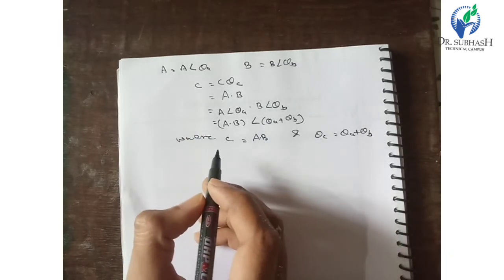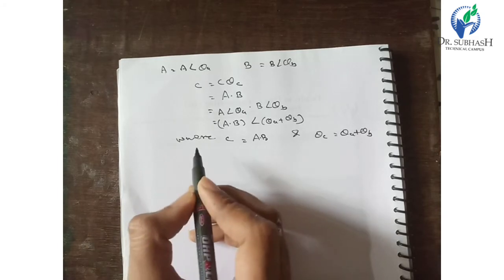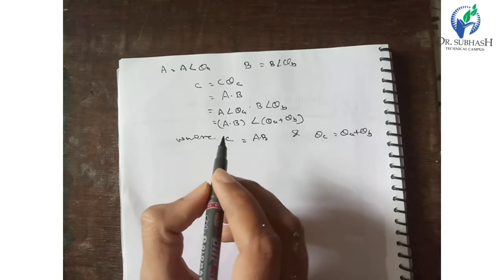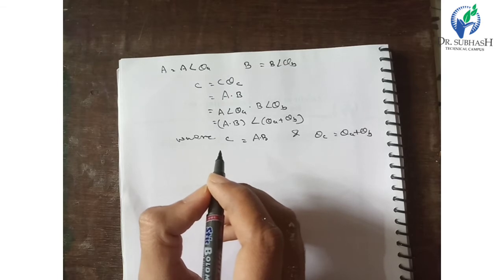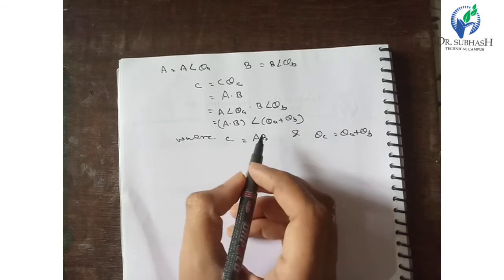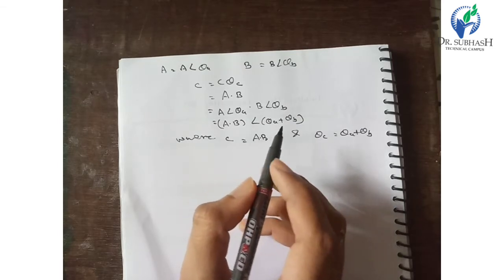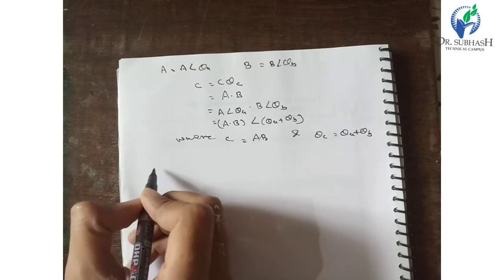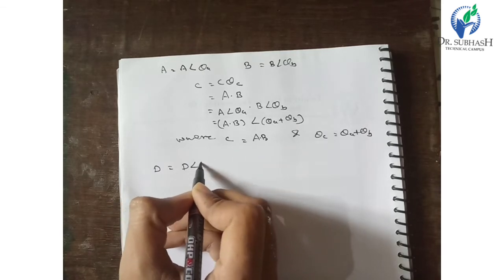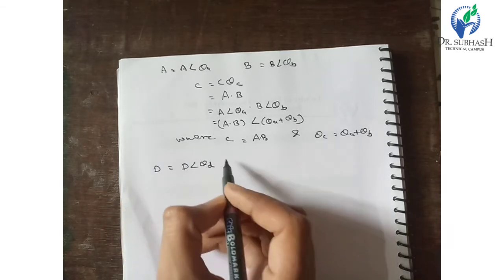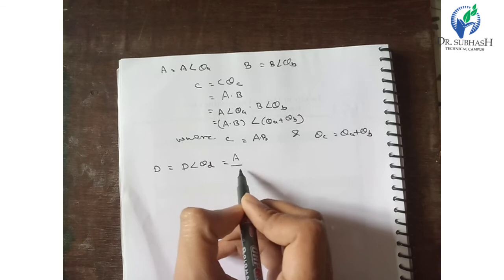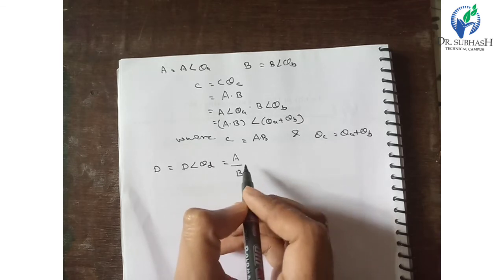Now to divide A by B to obtain the resultant D, the magnitude is obtained by division of the magnitudes, and the phase angle by the difference of the two phase angles. Thus, for the division, the output is D, so D is equal to D angle theta D. For the division, we can write D is equal to A upon B in this form.